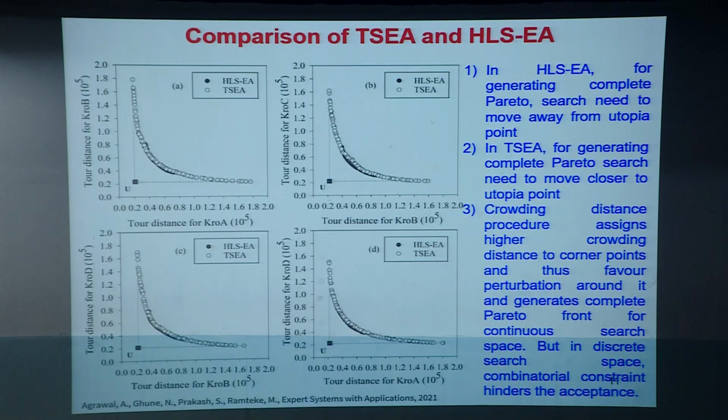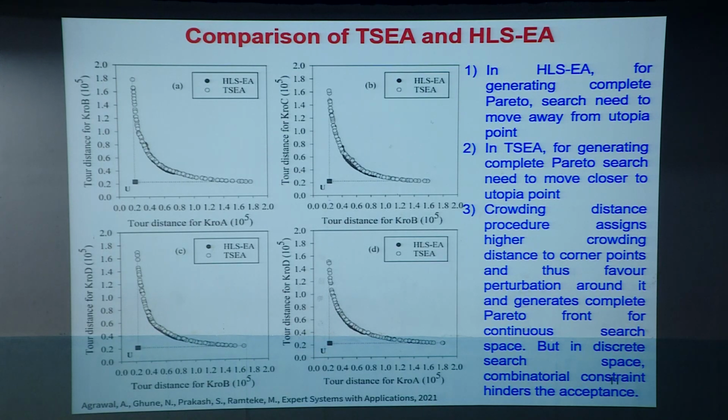When you are solving a continuous search space problem, most of the explorations are successful. But when you are solving a combinatorial problem, most of these local explorations are not successful. That is why the usual non-dominated sorting genetic algorithm, which can generate the entire Pareto front without any problem, is not able to generate the entire Pareto front here.